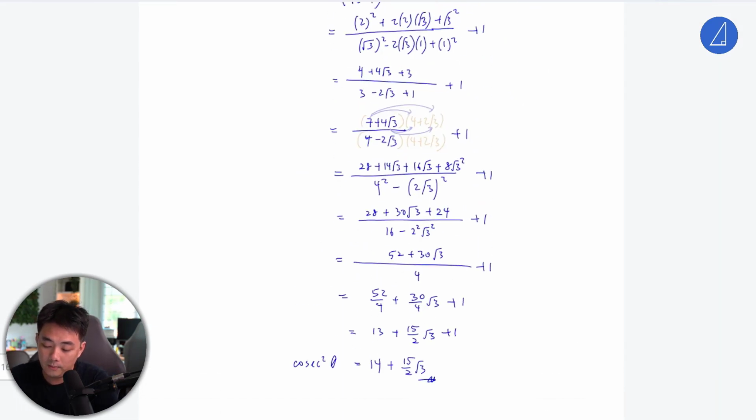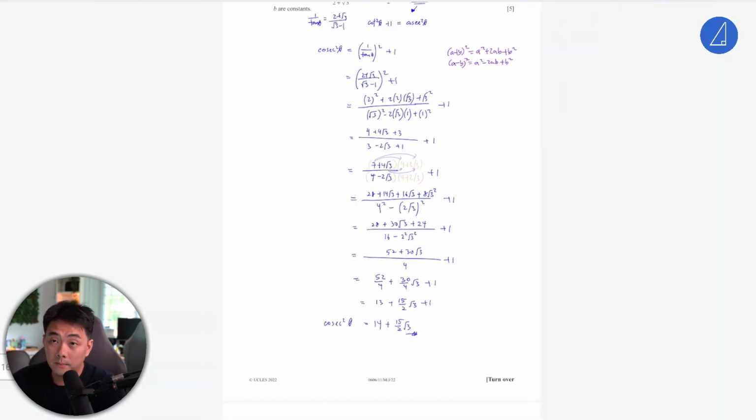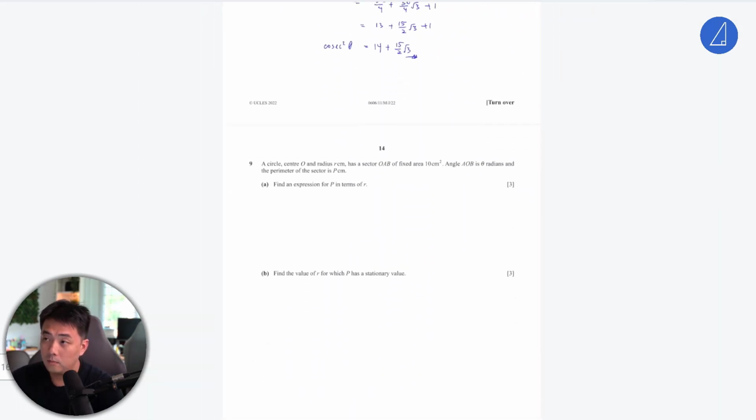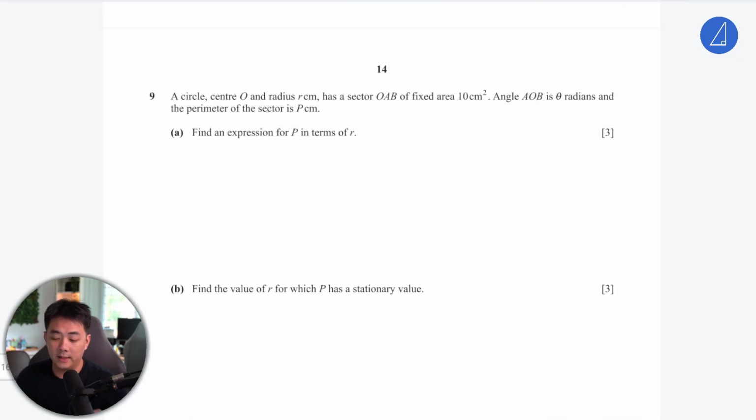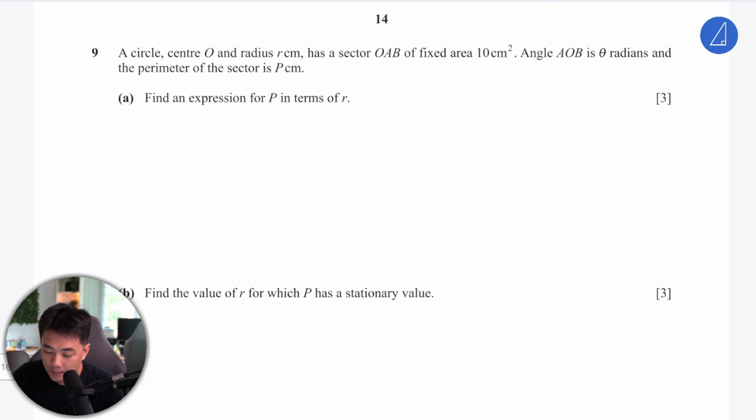Great. Okay, let's look at the next question. A circle of center O and radius R has a sector OAB of fixed area 10 square centimeters. Angle AOB is theta radians, and the perimeter of the sector is P. Find an expression for P in terms of R. I'm just going to try to understand the question by redrawing what they are saying.